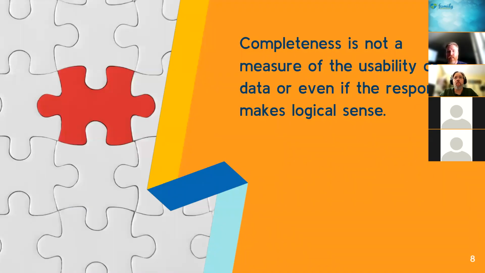To sum that up, completeness is about if the information is in there, it's not about whether it's usable data or whether that data makes logical sense. Obviously, we want to get to usable data and we want to get to logical sense, but the first step really is just collecting that information and getting it into the system so we can start drawing those conclusions and start reporting on that information.